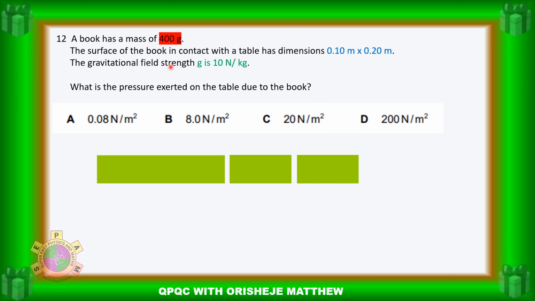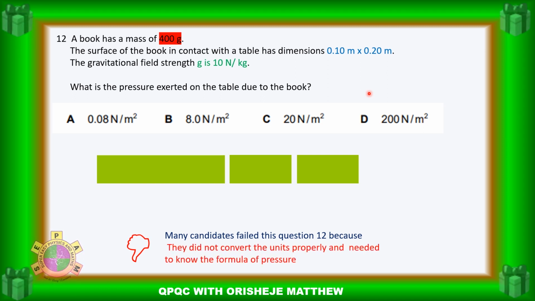The gravitational field strength in that location is 10 Newton per kg. What is the pressure exerted on the table due to the book? Many students fail this question 12.